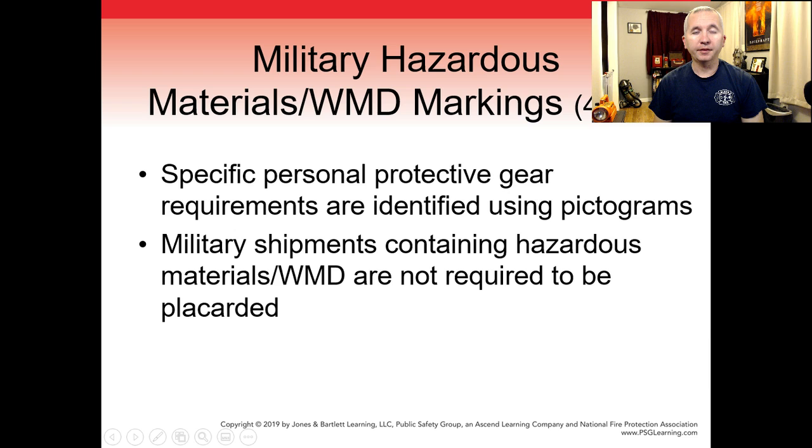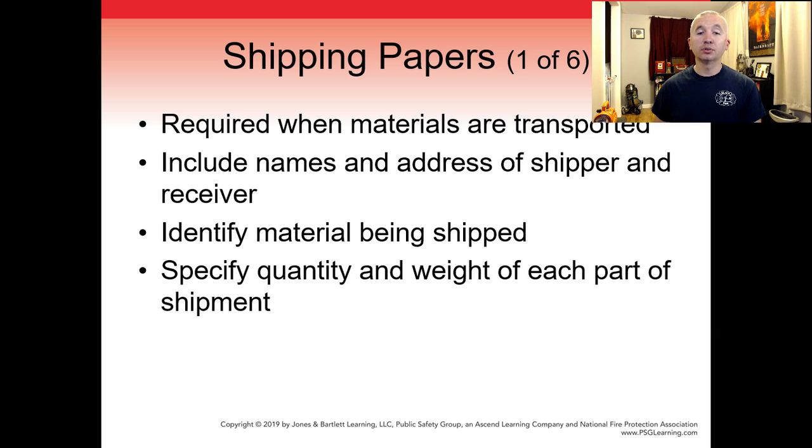Whenever anything is shipped through commerce or transportation, whether by road, rail, boat, or airway, it all has to have certain paperwork. Shipping papers are required whenever materials are being transported. They include the names and addresses of the shipper and receiver, identify the materials being shipped, and give the specific quantity and weight of each part of the shipment.